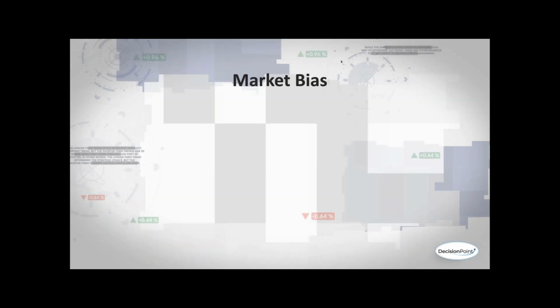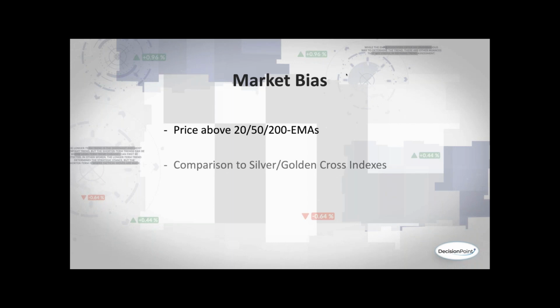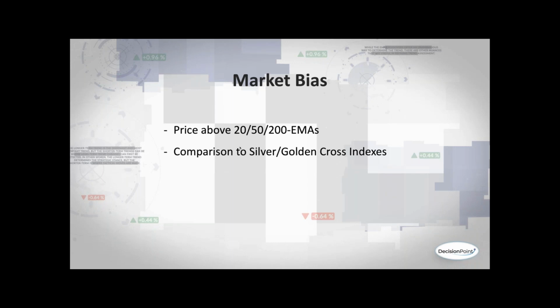All right, market bias. This is where the Silver Cross and Golden Cross indexes are going to come into play. Basically, we look at that price above the 20, 50, and 200-day EMAs. So I look at how many there are above those, and then I compare them to the Silver and Golden Cross index values. Because remember, Silver Cross measures how many stocks have a 20 above the 50.